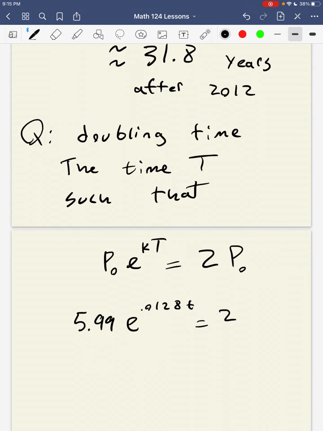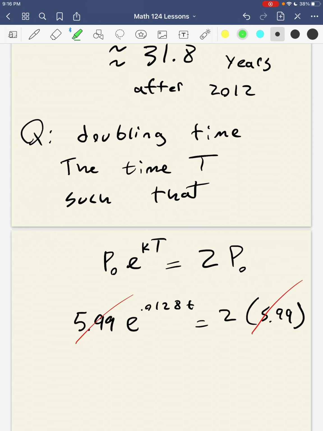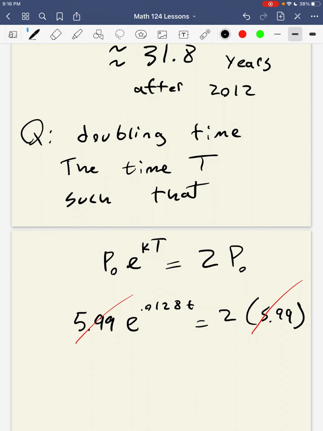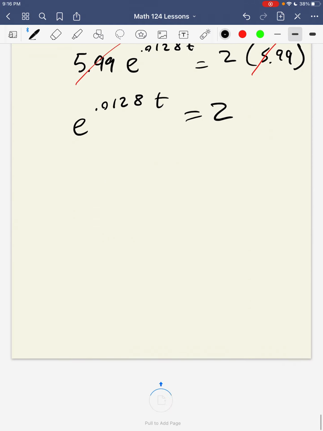We want to solve for the doubling time. Well, this is pretty nice because we can divide both sides by 5.99 and that number goes away. So we just have e to the 0.0128t equals 2.